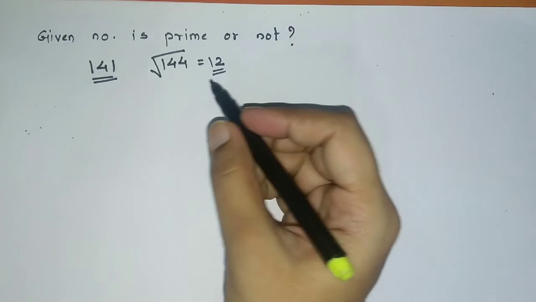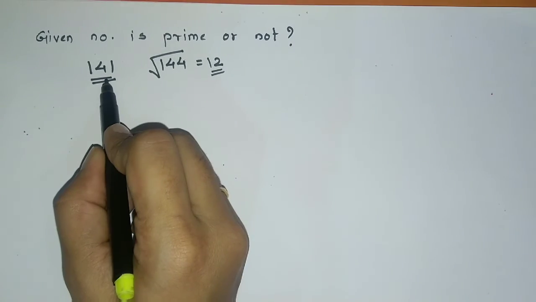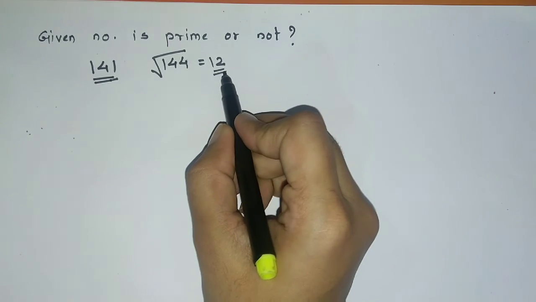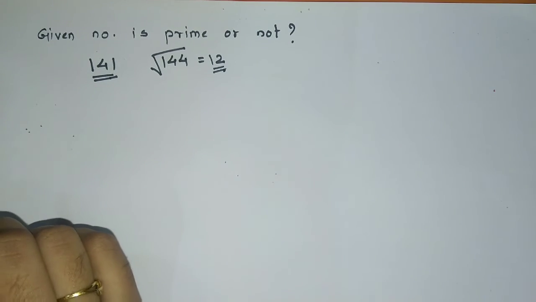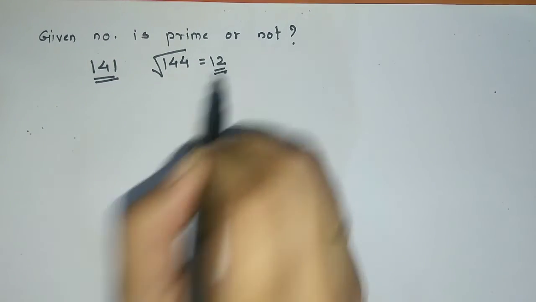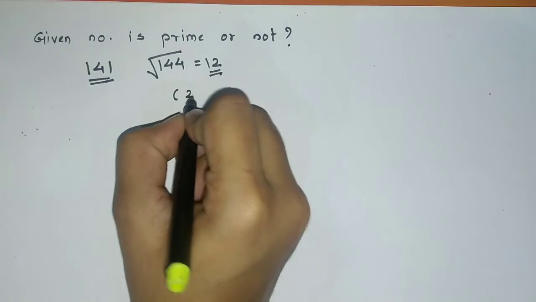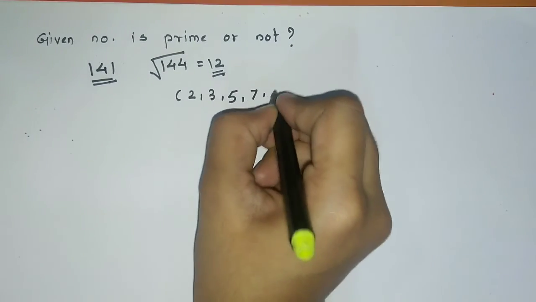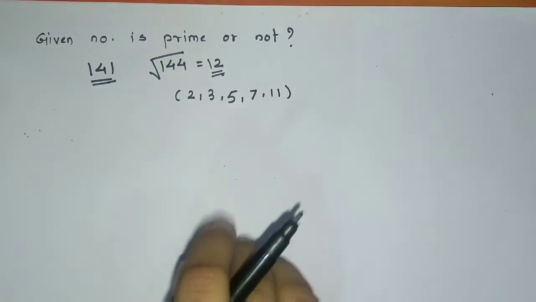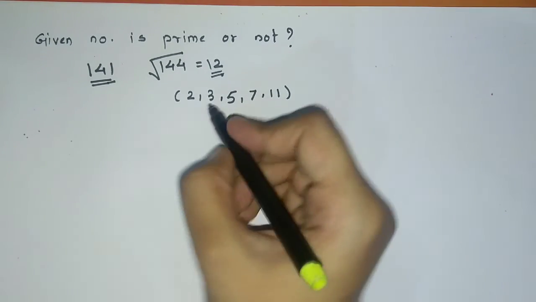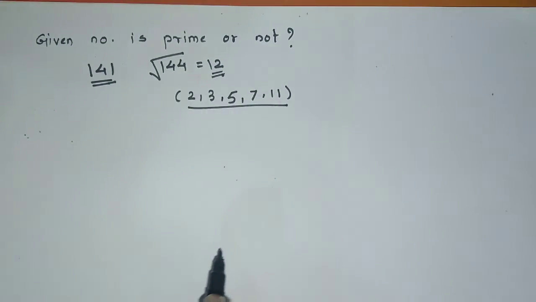Now we will see if the number 141 is completely divisible by any one of the prime numbers less than 12. The prime numbers less than 12 are 2, 3, 5, 7 and 11. Now we will see whether 141 is completely divisible by any of these prime numbers.